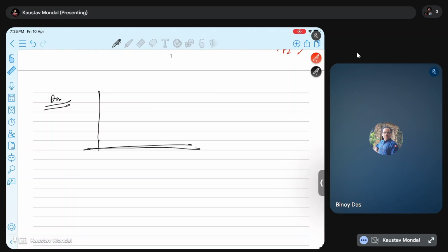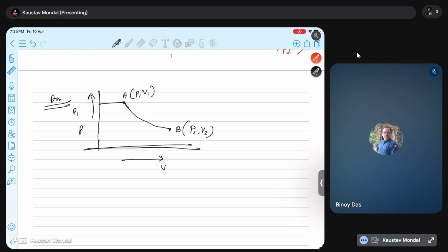This was the point A. This was P1, this is P and this is V. So it's P1 V1 moving adiabatically from A to B, at V2.